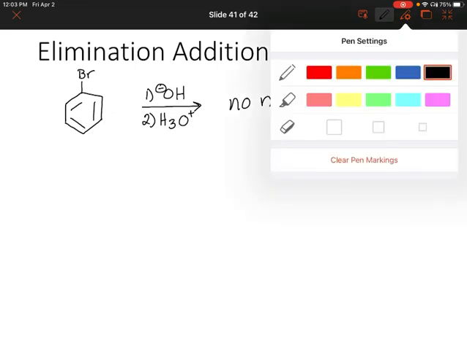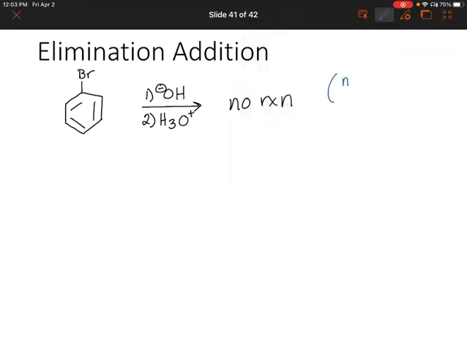So that's just due to the fact that there is no electron withdrawing group on the ring. However, we can achieve this reaction if we increase the temperature.